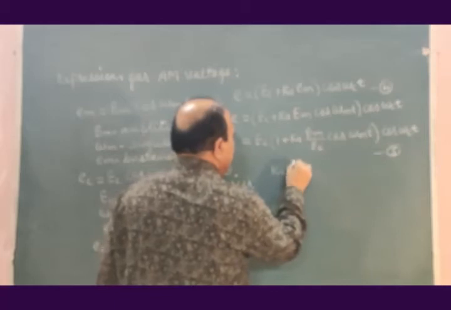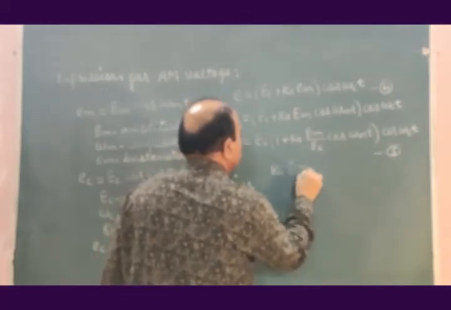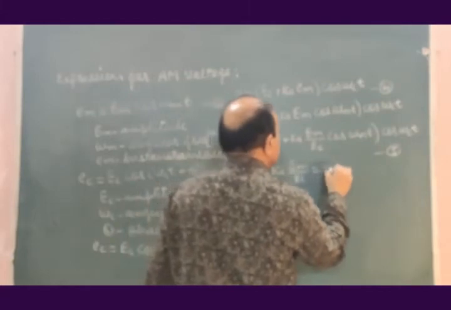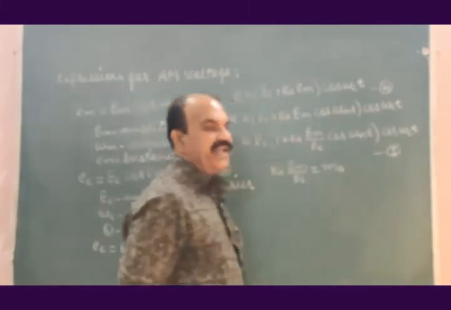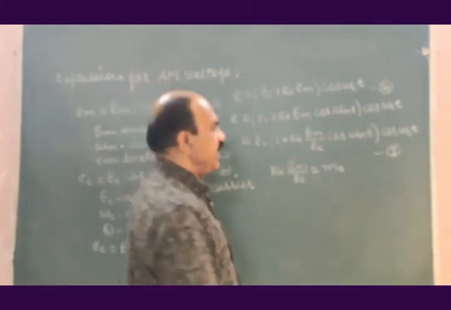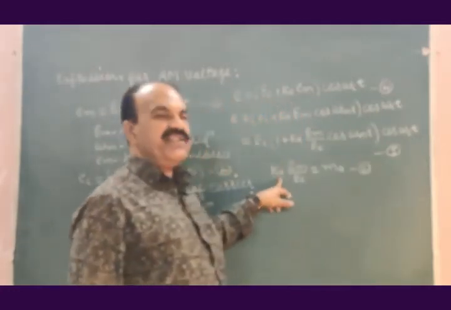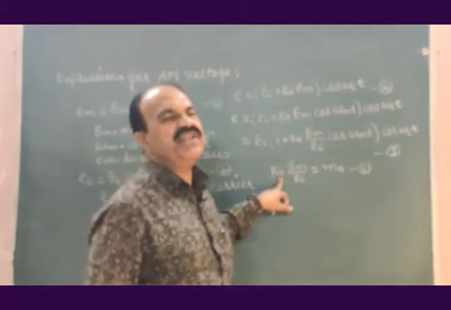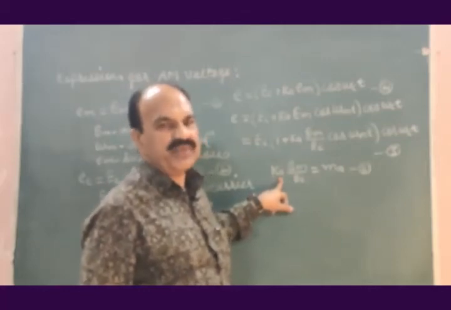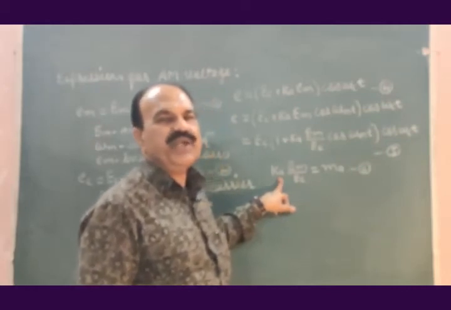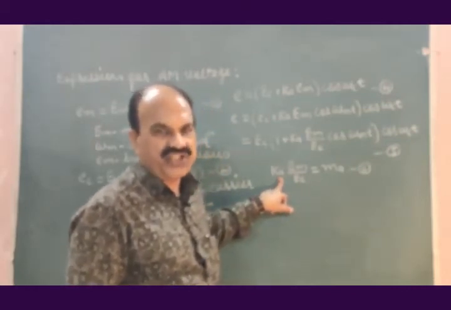Ka into Em divided by Ec is a constant. Let us write this constant as Ma, equation number 6. Ka is a proportionality constant for amplitude modulation. It is constant for the given system used for modulation.